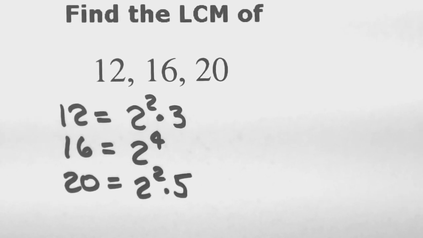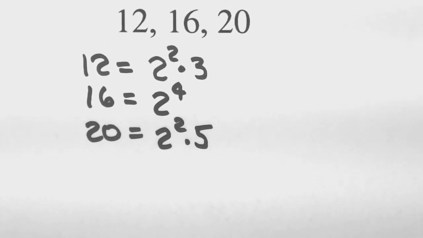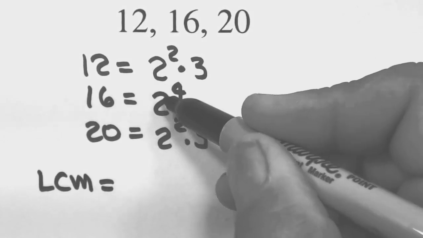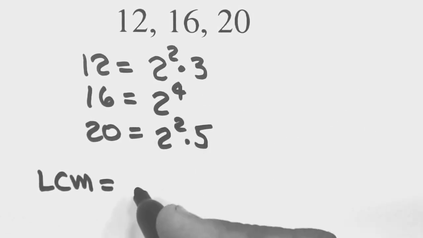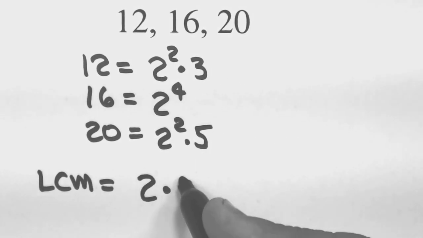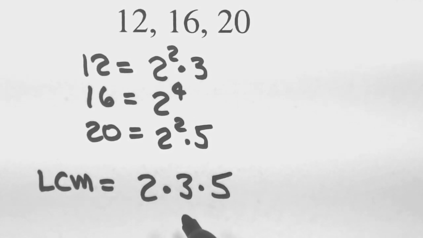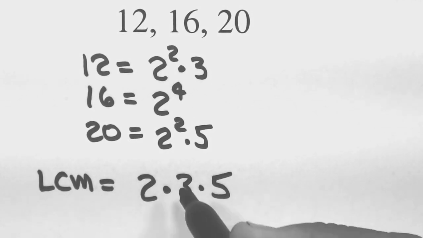Okay, there's the prime factorization. Now let's put together what the LCM equals. Once again, take all the different bases. I see 2's, I see 3's, I see 5's. So 2 times 3 times 5. Now go back and take the highest power you see for each of these bases.